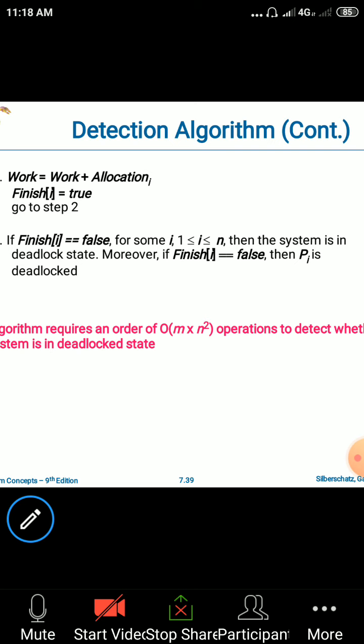If we are not allocating the resources to the requesting process because its need is greater than the available, then the process will move to the wait state and never execute. Then we say that that particular process is deadlocked, and the system is in the deadlock condition.